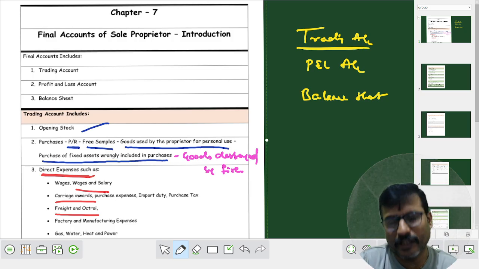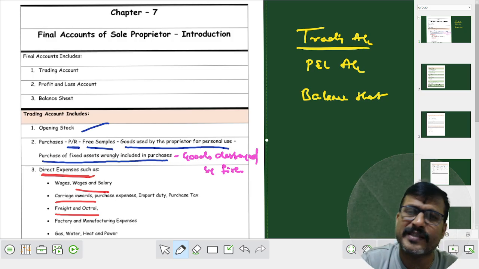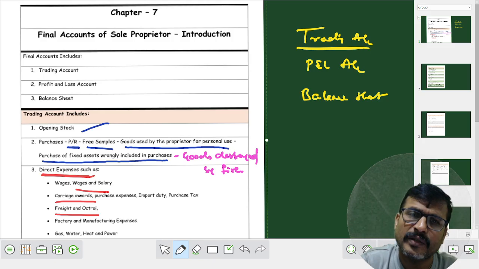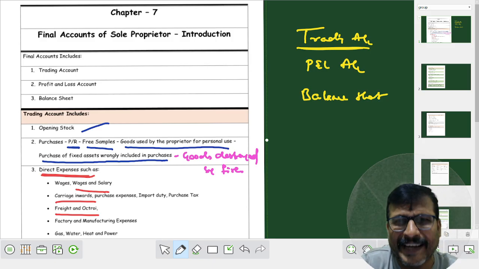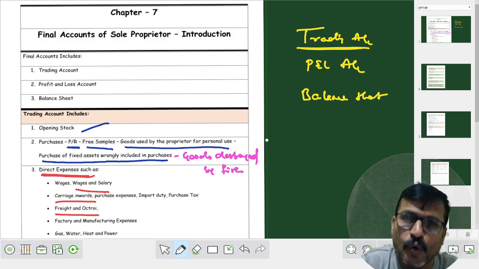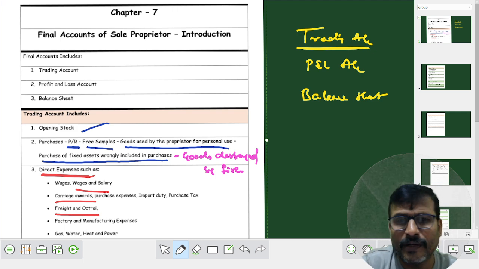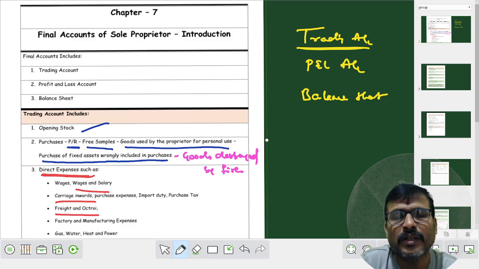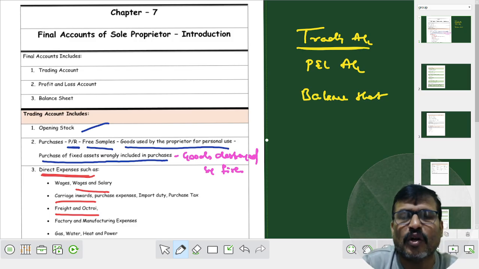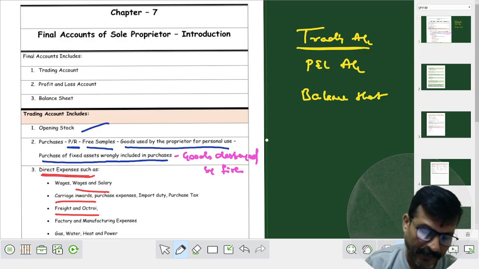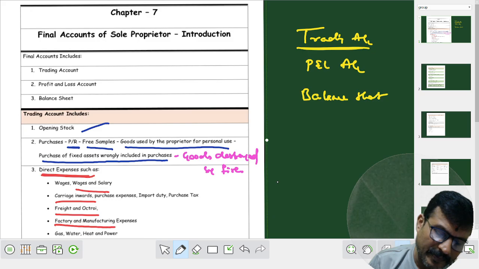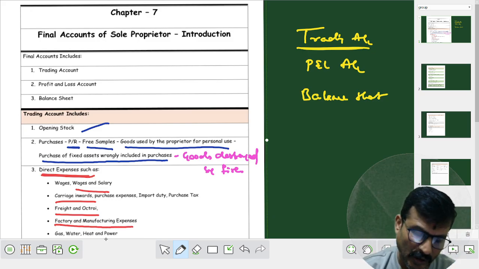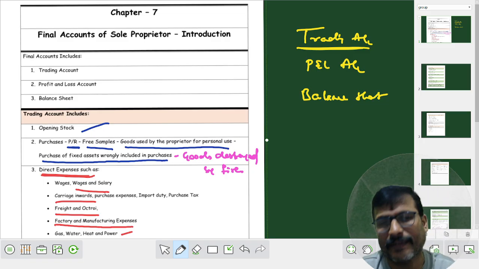Freight and octroi is the term professionally used in case of shipment of goods, when you are transporting the goods through the railways, cargo, or air transport. For all those things we use the word freight and octroi. Then factory and manufacturing expenses, which also include gas, water, heat, power.